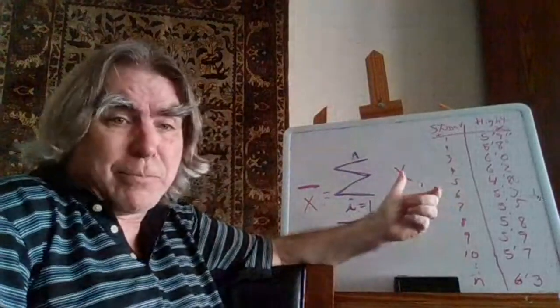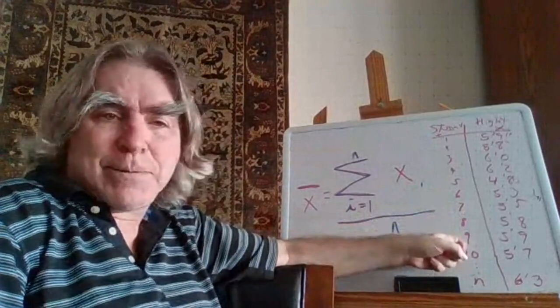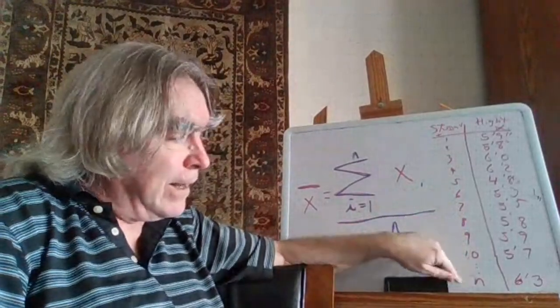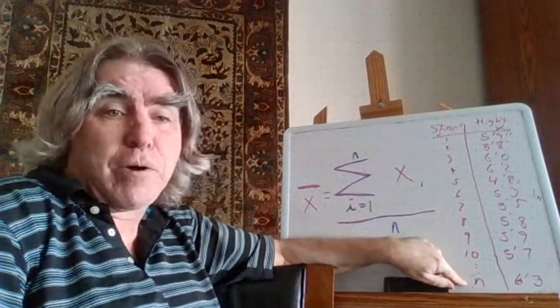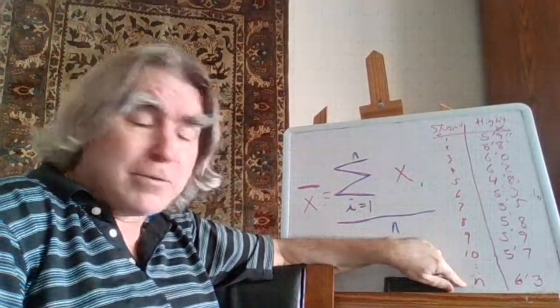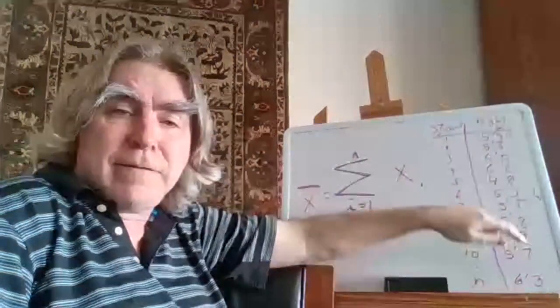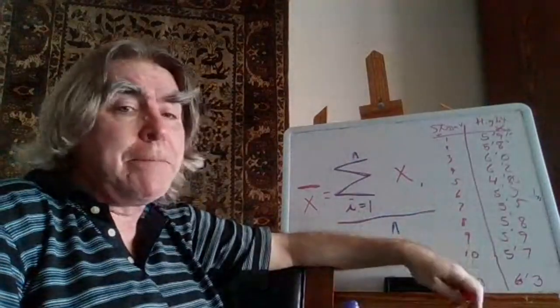Essentially, this is the 7th student in line. This is the 9th student in line. This is the 10th student in line. N is the last student, whatever that is. If there's 43 students in the class, it's the 43rd student in line. And then this is what we're interested in.